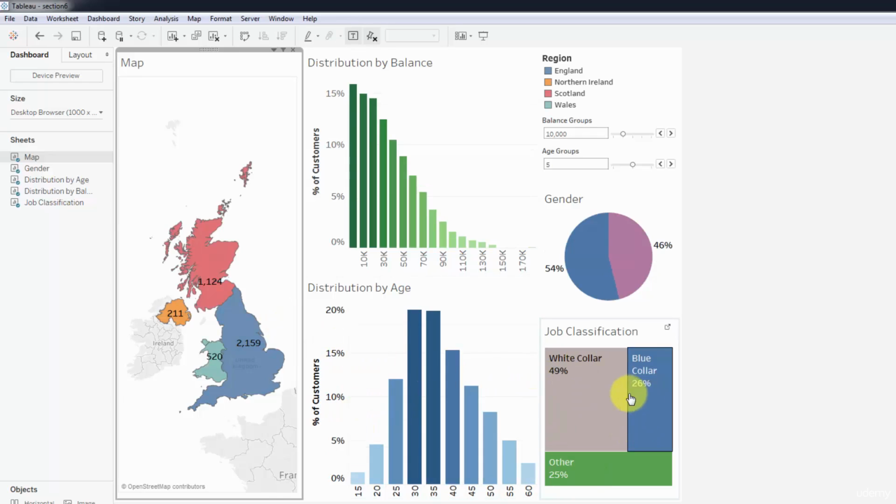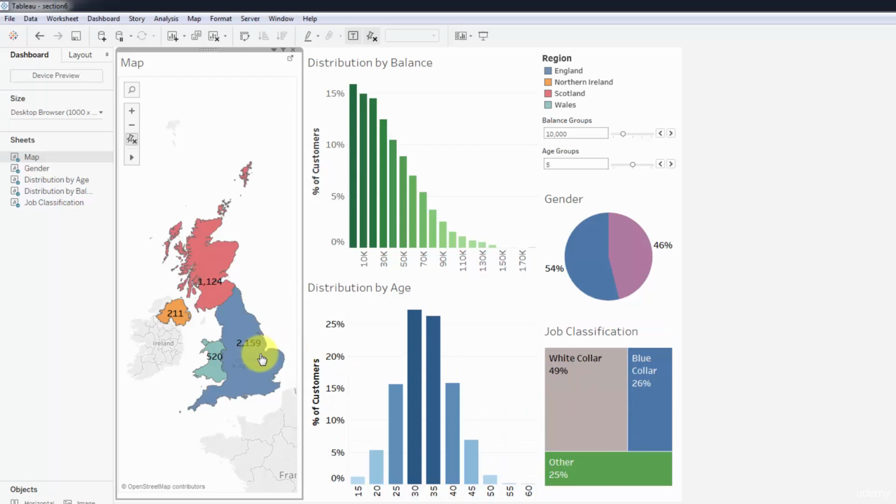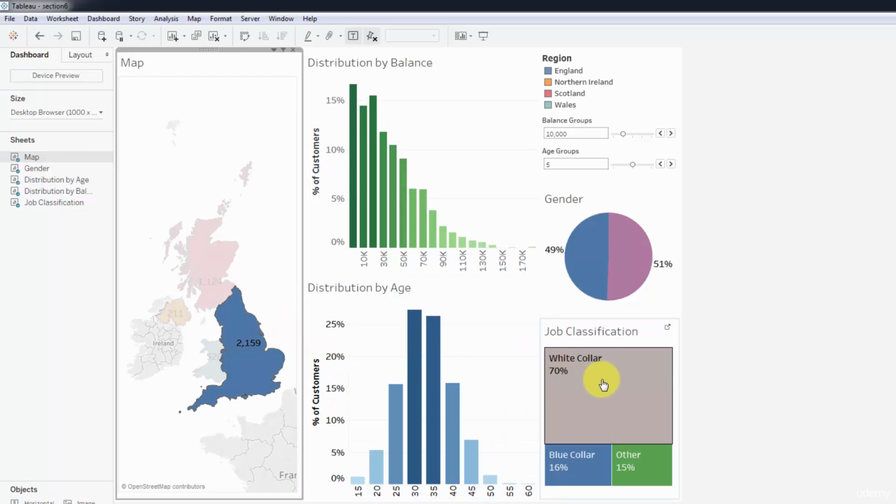And now what we want to look at is the job classification. Here you can see white collar 50%. In England, it's actually 70%. So much more white collar workers in England. And perhaps that has something to do with London, the economic hub of Europe, being in this region. And therefore, perhaps a lot of the workers in the finance industry decide to bank with our bank.